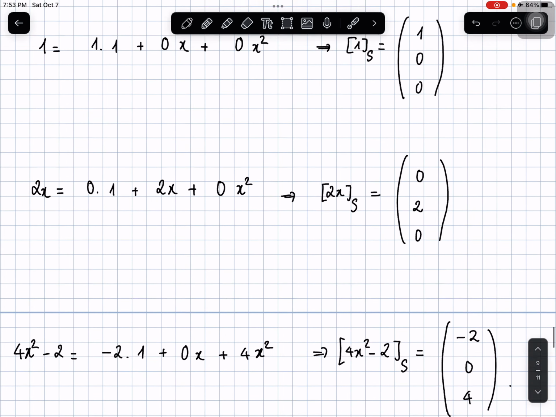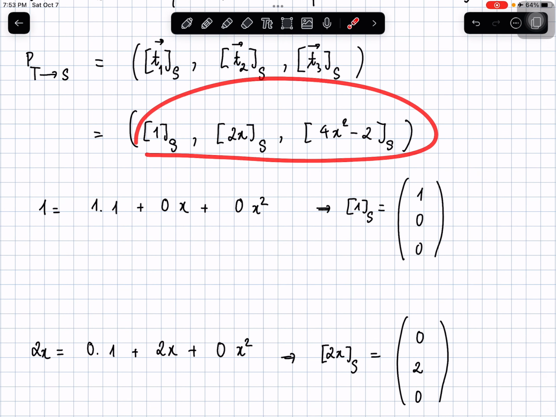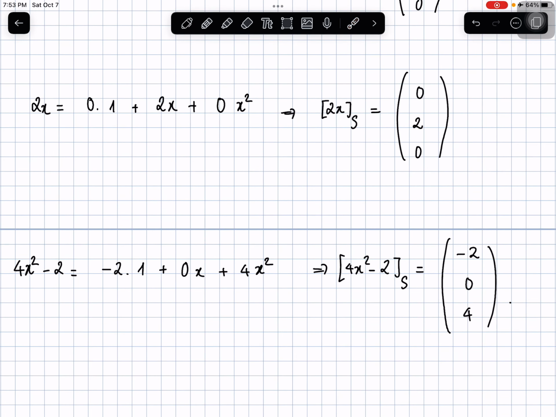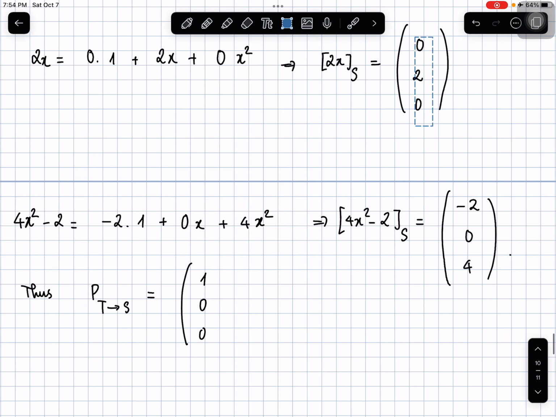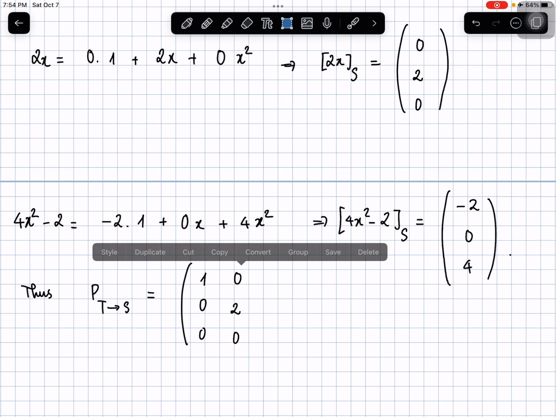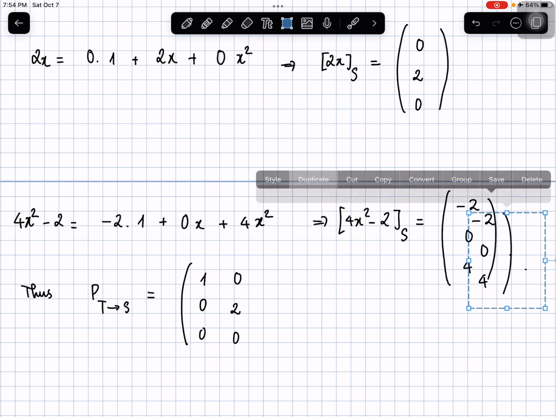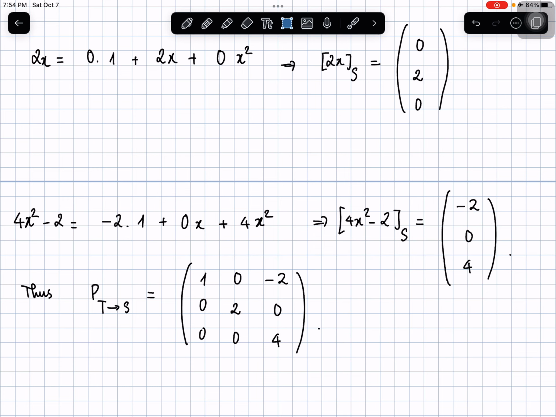Now we put all of them together to get the transition matrix P from T to S. The first coordinate goes in the first column, the second coordinate in the second column, and the last coordinate in the last column.